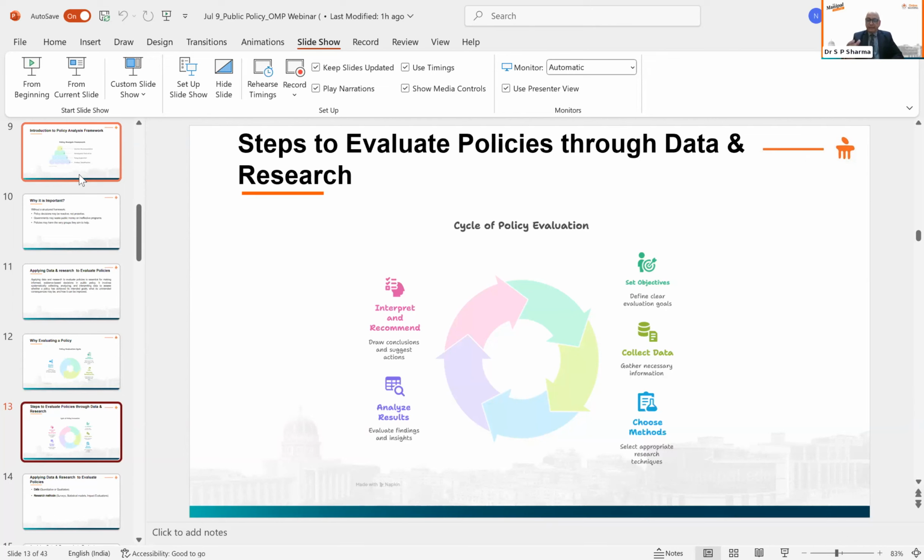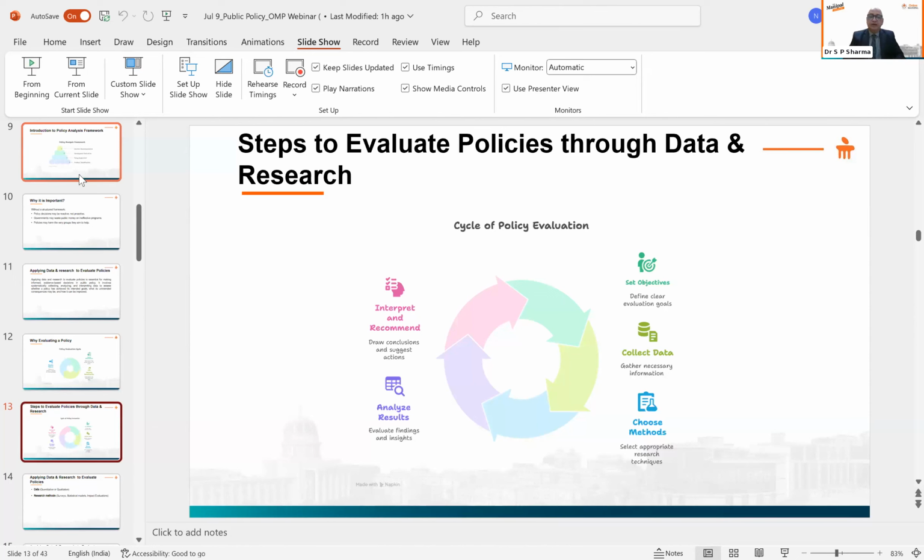Then you have to choose some method, that how you are going to assess that particular data, whether you are going to conduct some survey, or you are going to assess the secondary data only, and you are going to regress some variables on independent and dependent variables, or you are going to analyze on the basis of some interviews or some interactions with the people.